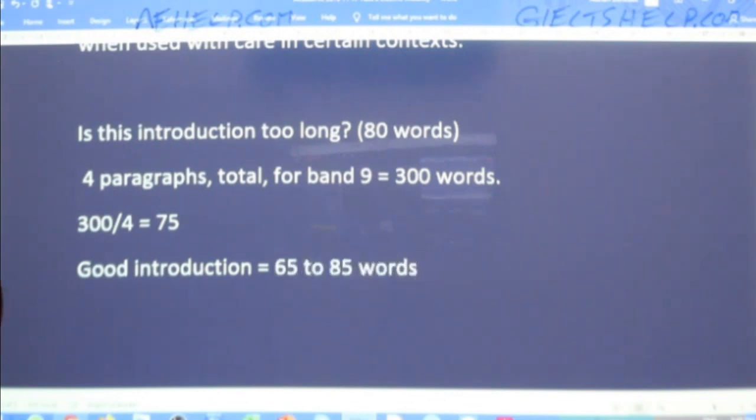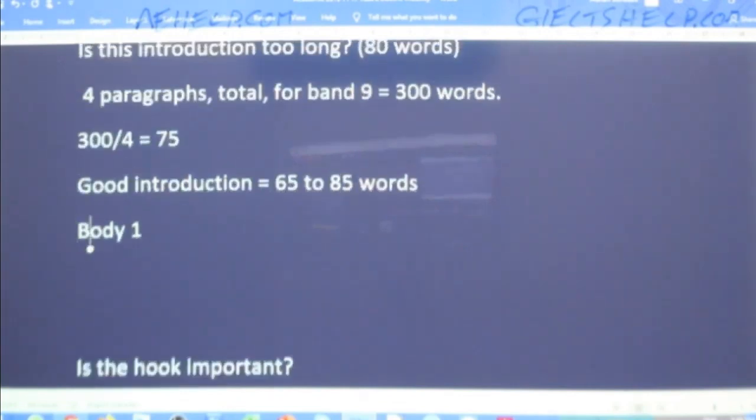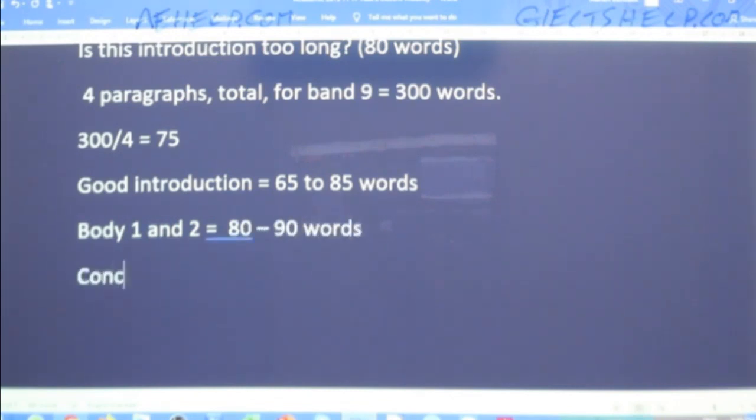Body 1 and body 2 will be equal to about 85 words each. Let's make it 80 to 90 if I want to be really finicky. And your conclusion will be roughly 50 to 60 words.